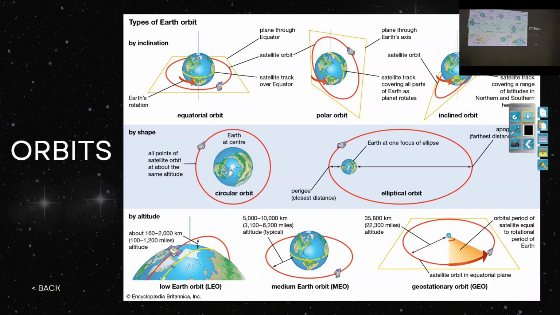Polar orbits will always be at a very low height only. A polar orbit is placed in the low earth orbits only, going over the earth's poles. It will be placed at an altitude of 160 to 2000 kilometers only. So it is a type of low earth orbit. Okay, so polar orbit is a type of low earth orbit.